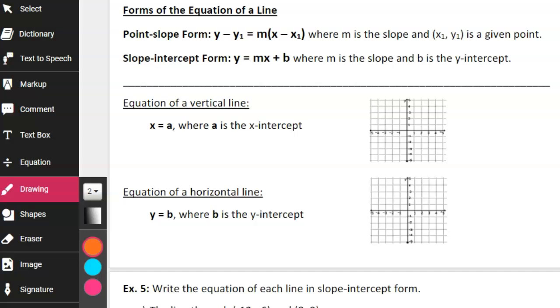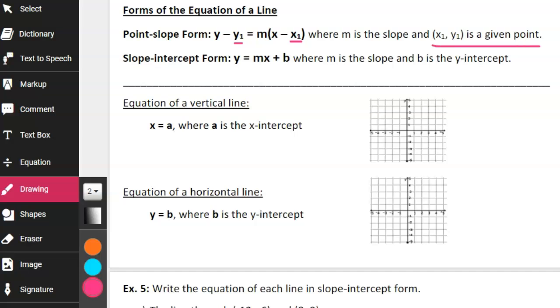So now we move on to the forms of the equation of a line. So we've got point-slope form, which I mentioned, and slope-intercept form, which I used. In point-slope form, m is still the slope, but x1 and y1 make up a given point. Any given point.